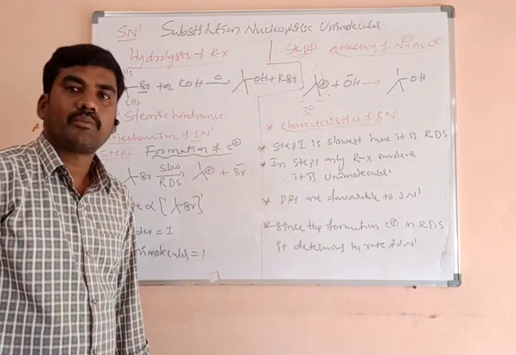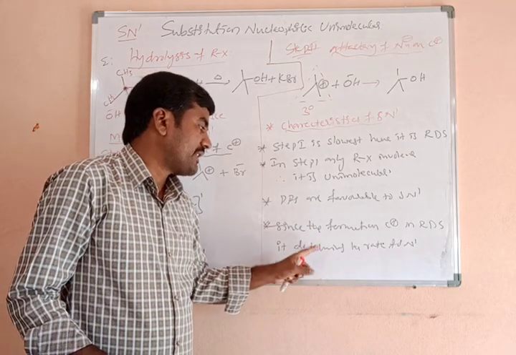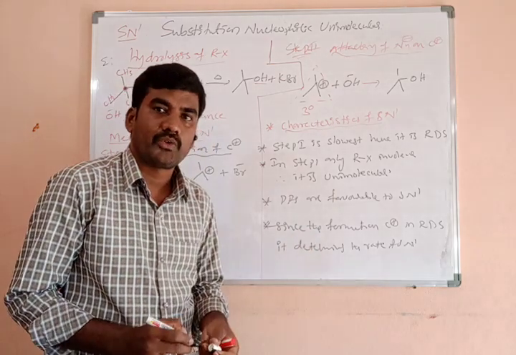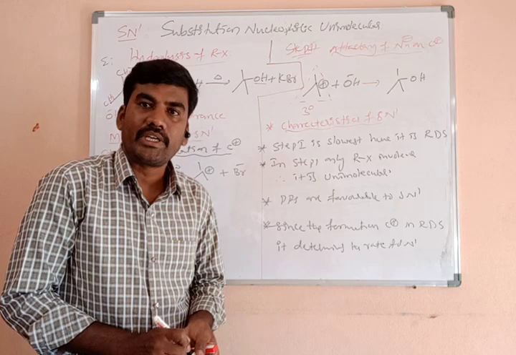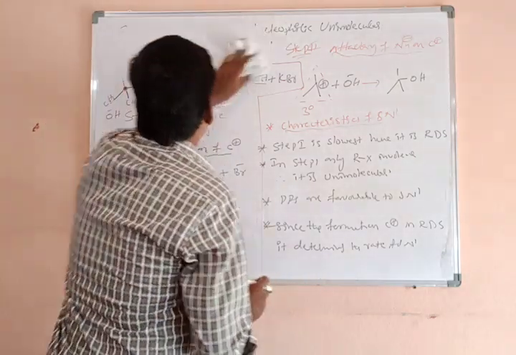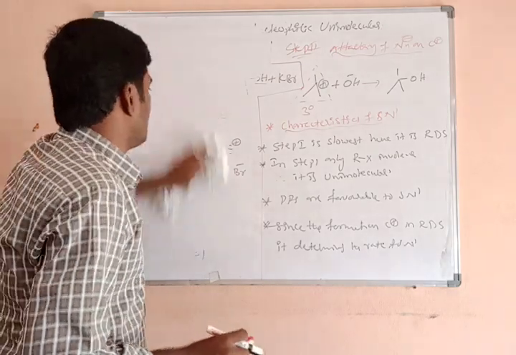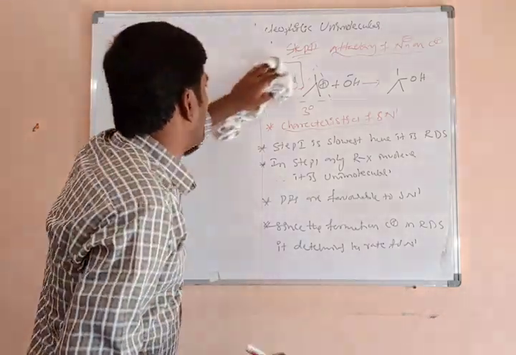The rate of the SN1 mechanism is determined by the stability of the carbocation. The stability of the carbocation is directly related to the SN1 reaction, because in the RDS the carbocation is formed.